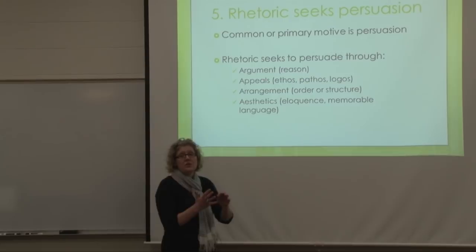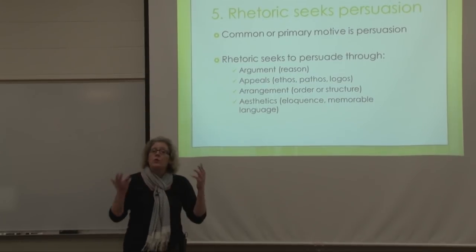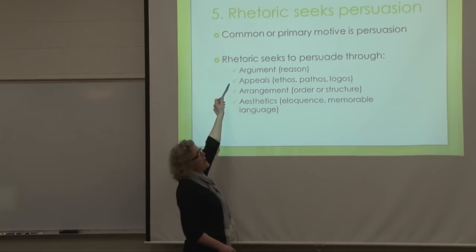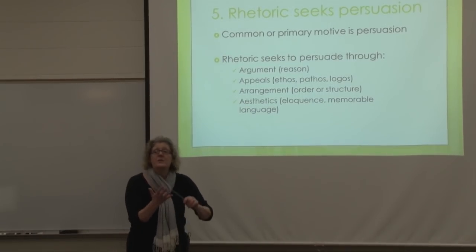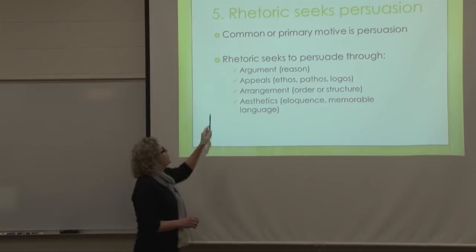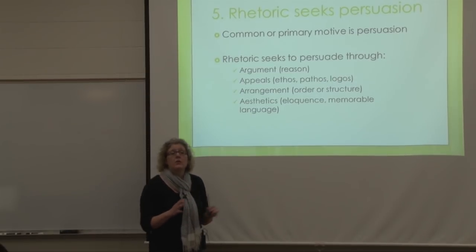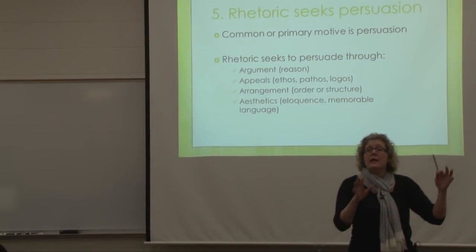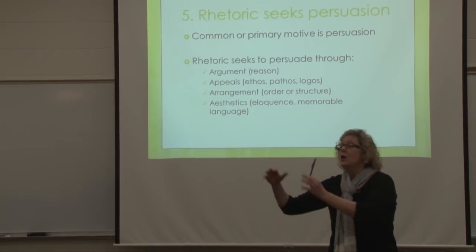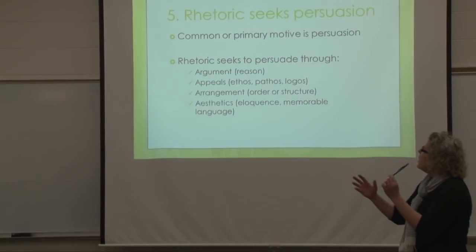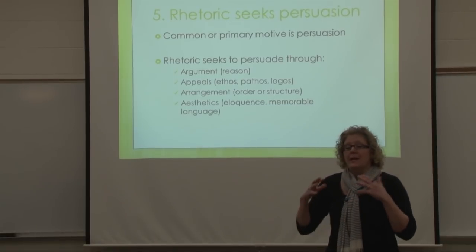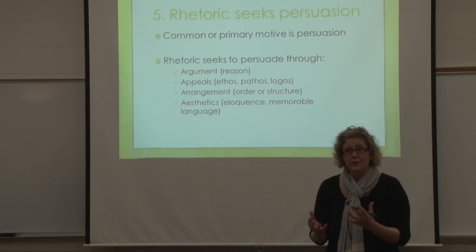Rhetoric aims to persuade through argument, through reason. This is sort of your realm of a classical argument with claims, warrants, support, those kinds of things. Rhetoric also seeks to persuade through the primary appeals: ethos, credibility; pathos, emotional appeals; logos, which we will call, for now, not logic like mathematical logic, it's cultural logic.